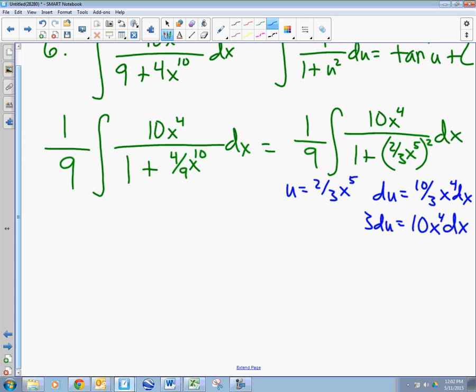So I put that 3 out front, right? It's 3 times a 9. So 1/3 integral of, I know that integral, arctan.